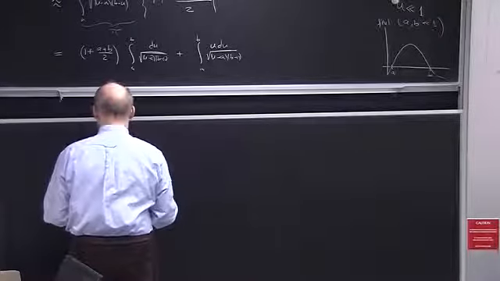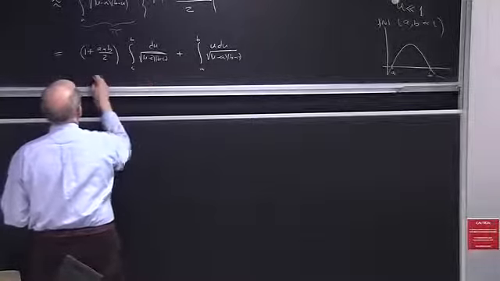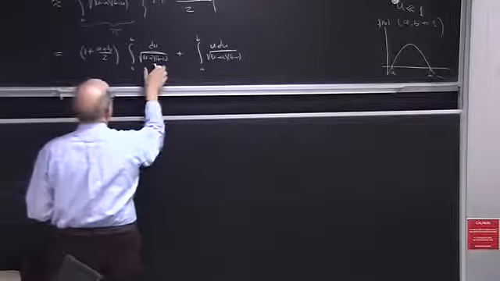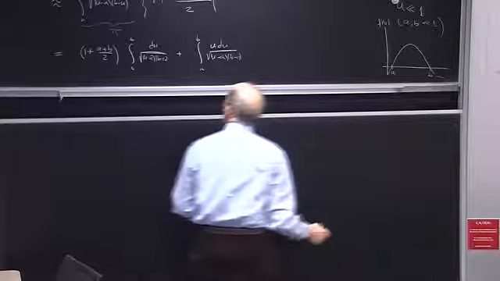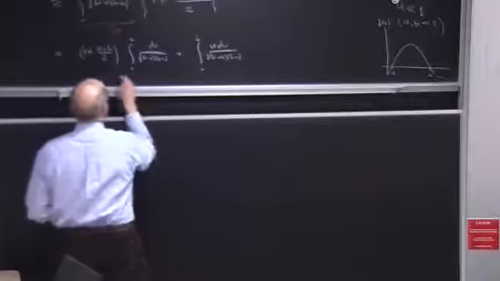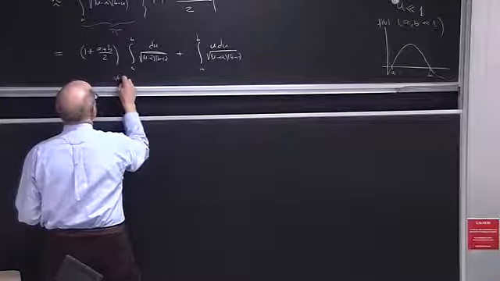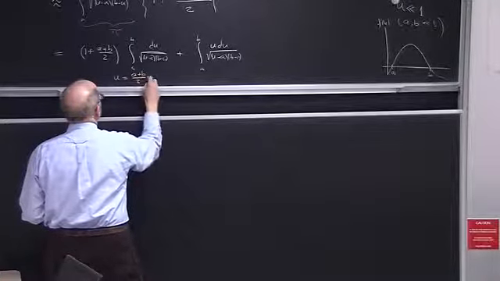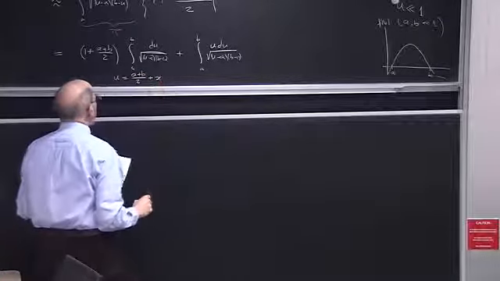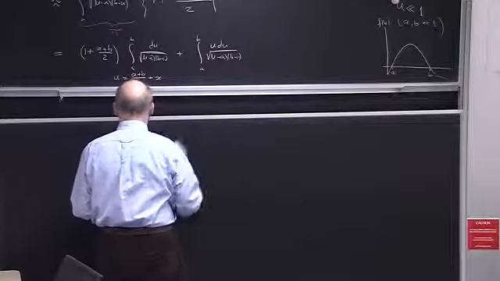For this one, to see that this is pi, let's make a substitution. This is basically strictly a parabola, so we make the substitution centered on (a plus b)/2. Let u be that plus some variable x.